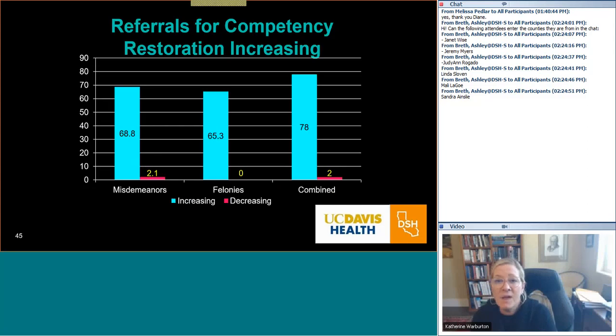I have a whole hour plus on the results of the survey, but the upshot is that 78% of the respondents were seeing referrals for competency restoration increasing. There's lots of nuances because some states do evaluation and restoration for competency, and when you add those together, it's a lot. But just looking at restoration services, 78%. And as you can see, no states reported competency restoration referrals decreasing in this survey.